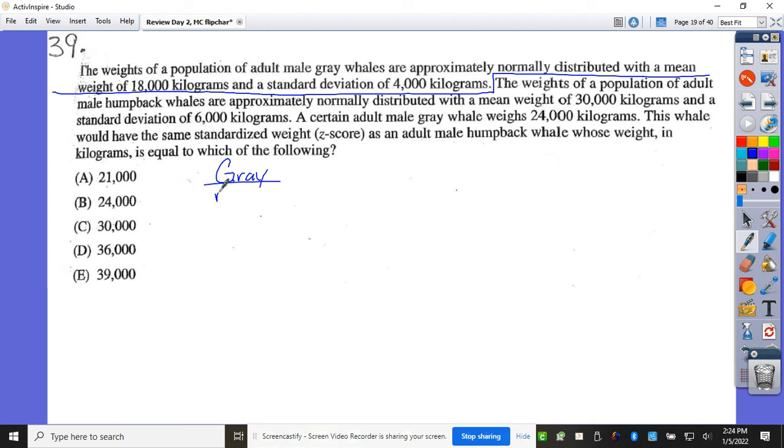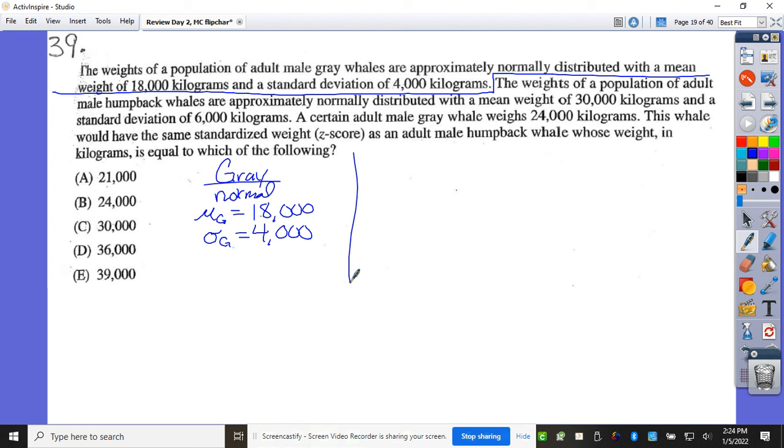It says they are approximately normal, which means we can do what? Use Z and all that stuff. It also says the mean is 18,000 and standard deviation is 24,000.